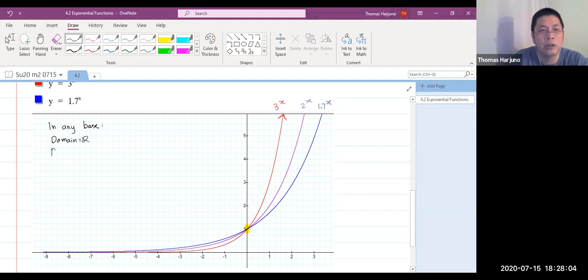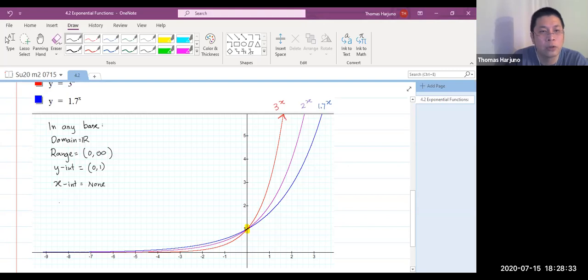The range is from 0 to infinity. When I say for any base here, you will see it also includes when the base is between 0 and 1. And then the y-intercept is always the coordinate (0, 1). Okay, the x-intercept is none.